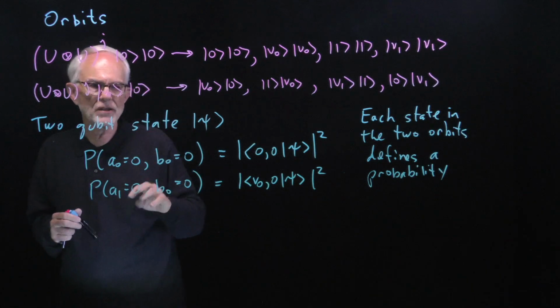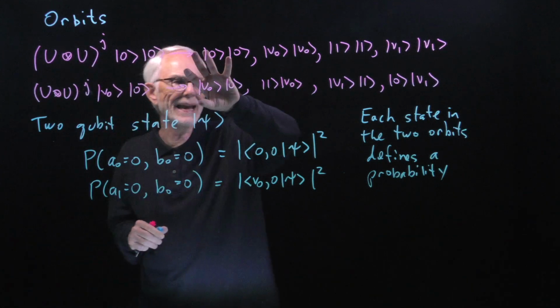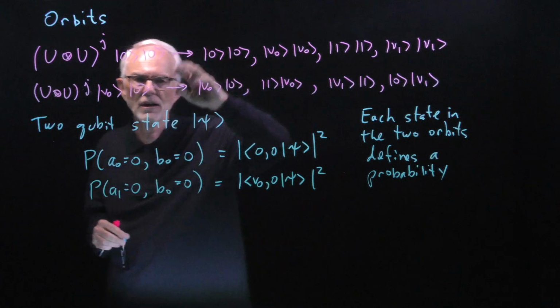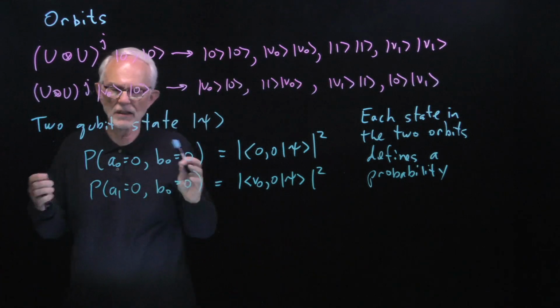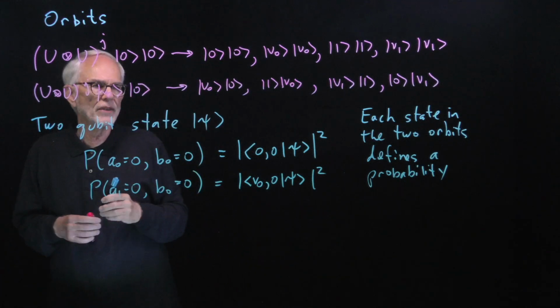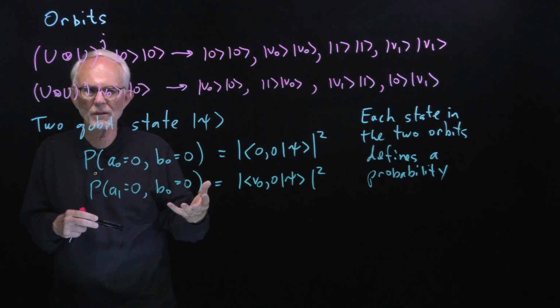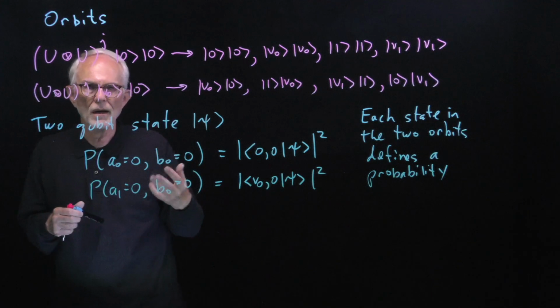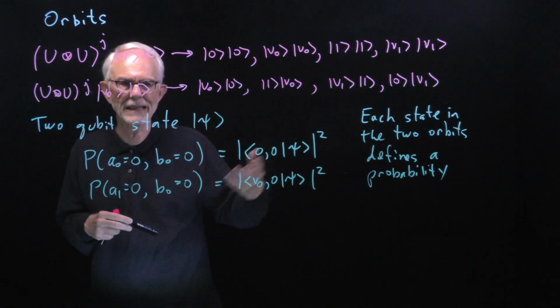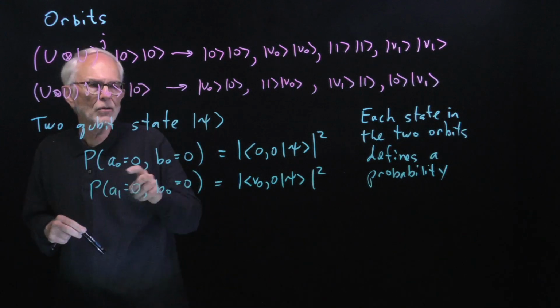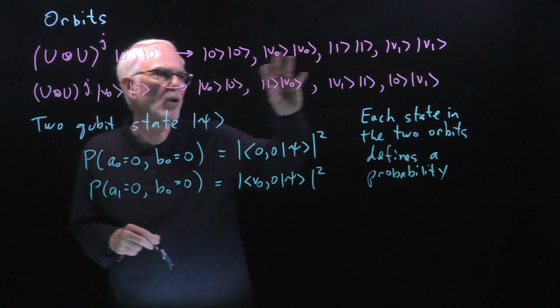In our case, the probabilities are going to be the 8 probabilities that come from here. Then we're going to show that if it's a hidden variable theory, they have to be less than something. We're also going to show that if the probability comes from quantum mechanics, it's going to be able to violate that bound.